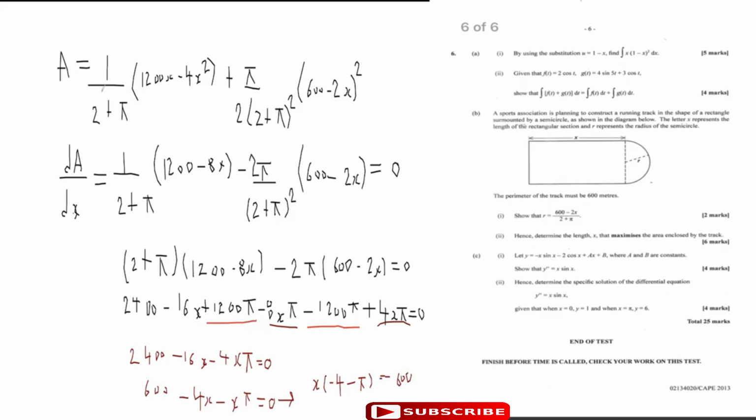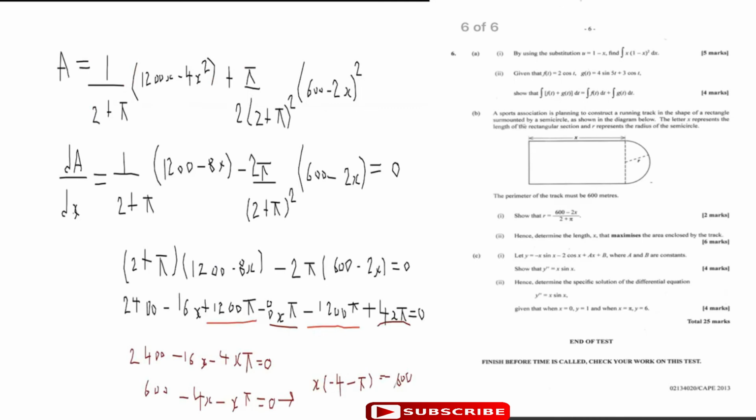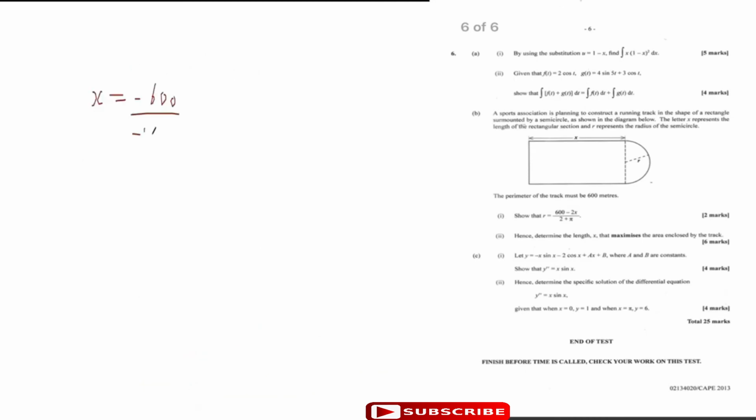And so finally we can divide both sides now to get x is equal to negative 600 over, we divide it by negative 4 minus pi, and so the negatives are going to cancel each other, and so the reality is x is equal to 600 over 4 plus pi. That's the value for x that maximizes the area. X is 600 over 4 plus pi.